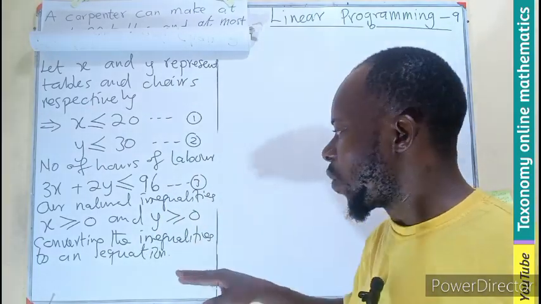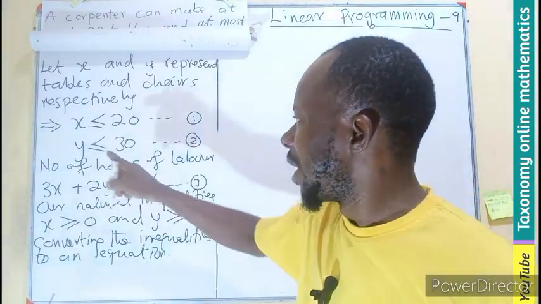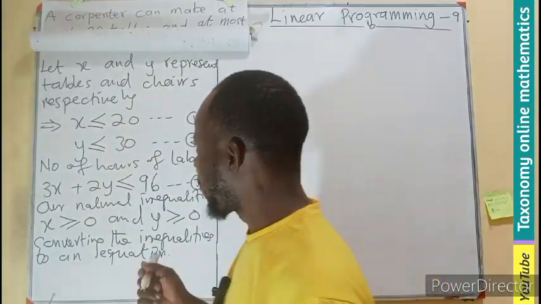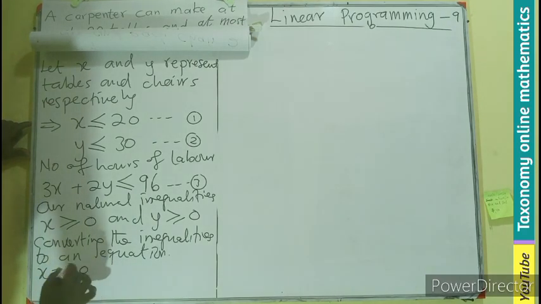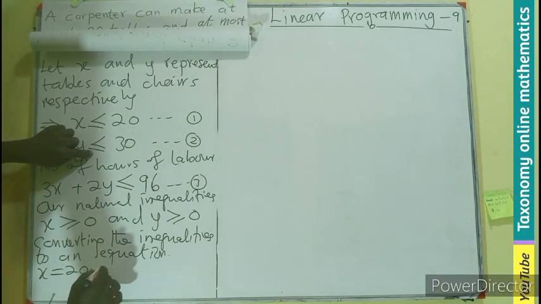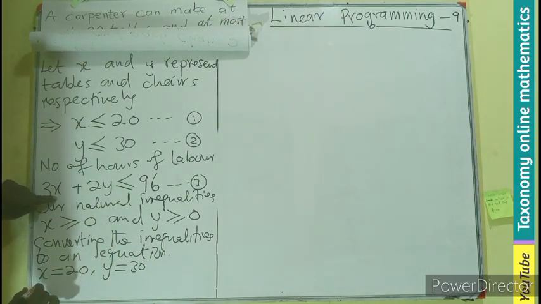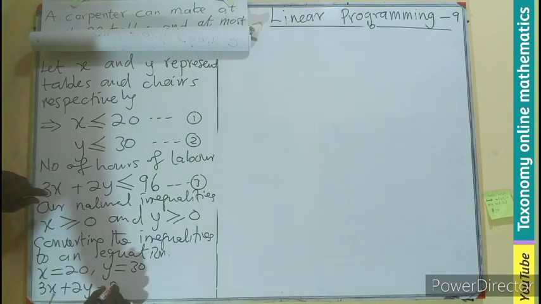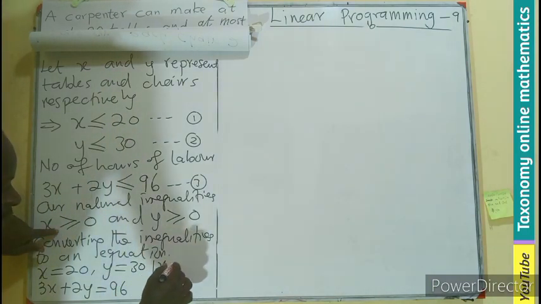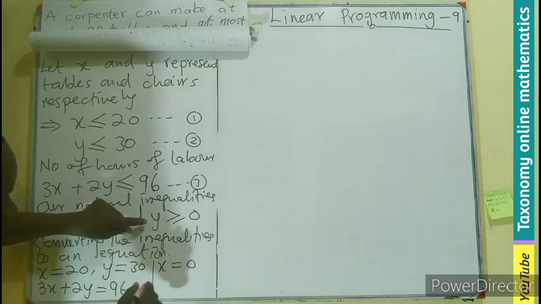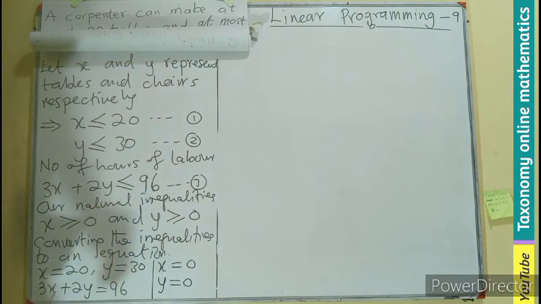So converting the inequalities into equations, we have x equals 20, then y equals 30, then 3x plus 2y equals 96, and the final ones are x equals 0 and y equals 0. So now we've converted them into equations.